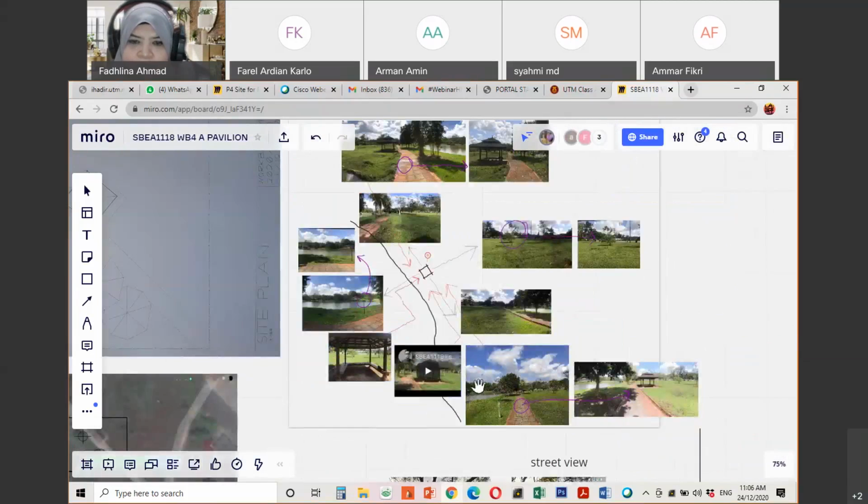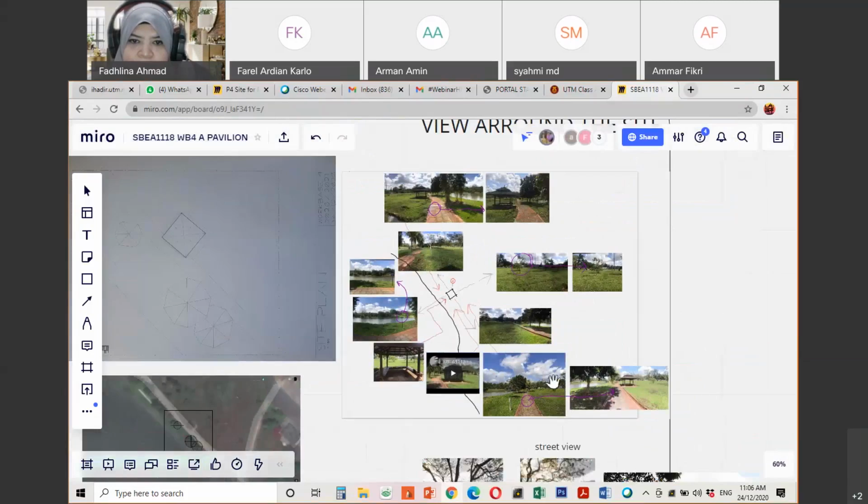Okay, and then about the view, behind the wakaf is a parking lot, if I am not mistaken.